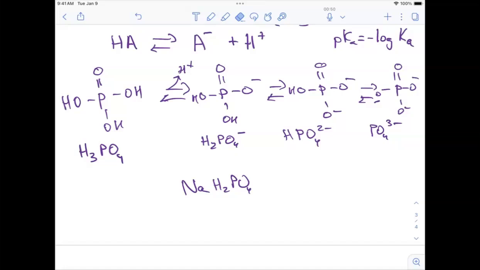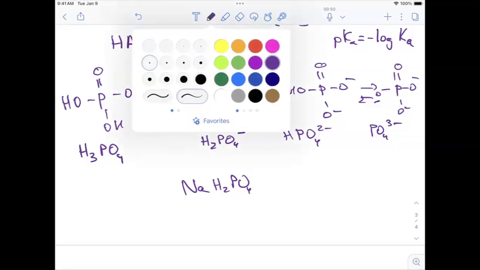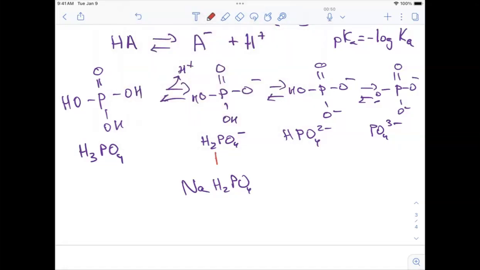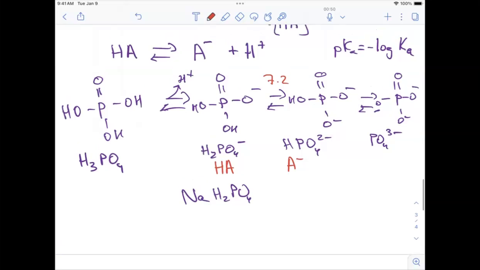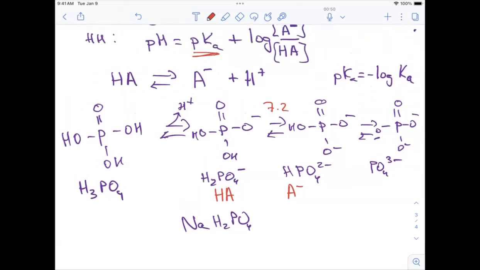And so if in your problem you have H2PO4 minus and HPO4 2 minus, I would recommend immediately relabeling them: this would be HA, this would be A minus, and the pKa between the two forms, in this case 7.2, is the pKa you have to use in your calculation with the Henderson-Hasselbalch equation, right?